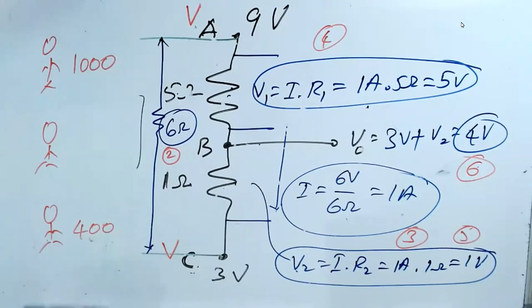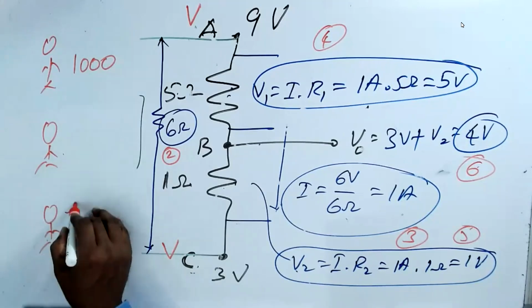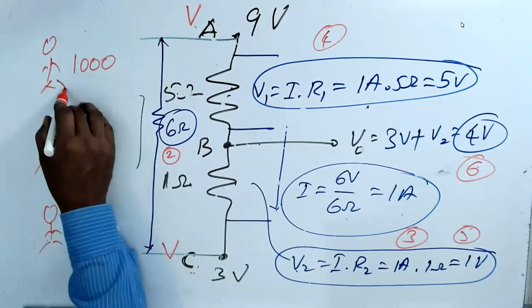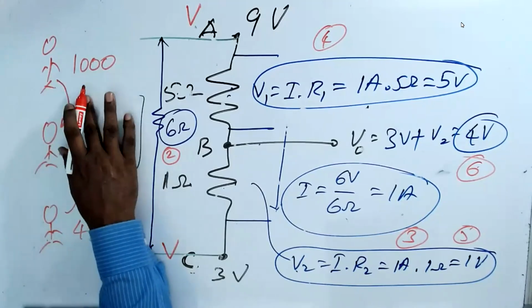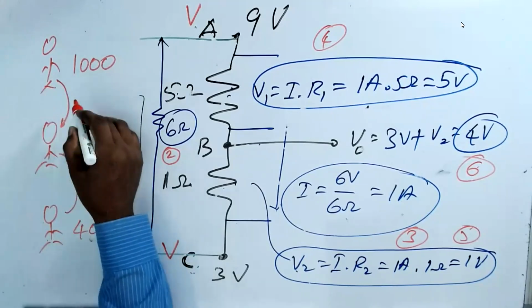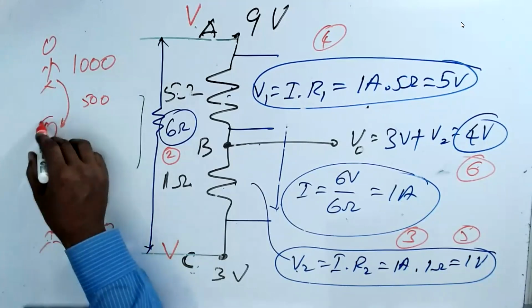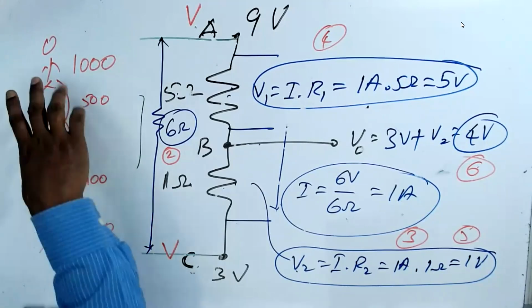Understand? Now, this guy is 100 rupees more than that guy, and this guy is less than the other, sorry, 500 rupees. This guy is sitting in between these two guys.